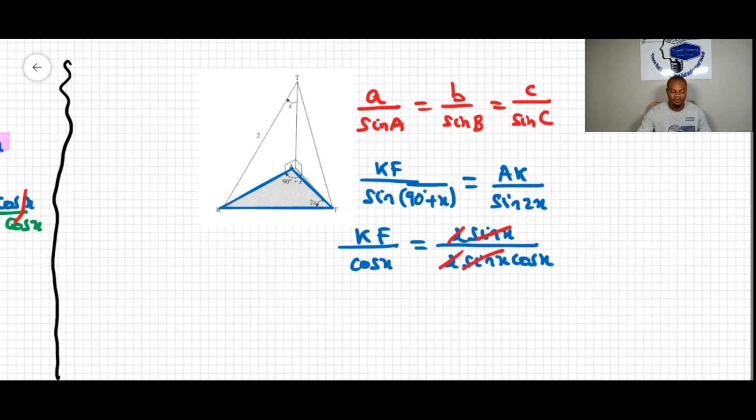And then we are left with KF over cos x equal to 1 over cos x. Again, as in the previous, this implies that KF equals 1, because the denominators here are common. You can also cross multiply, you're going to get the same answer.